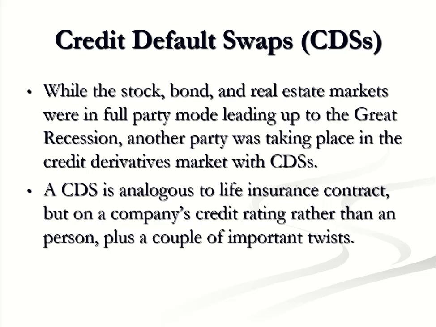Now, what's interesting about a credit default swap is you don't have to have any connection to the company on which you bought the credit default swap. So you can be company A and buy a credit default swap on company B. So you say, well, that doesn't sound too bad. But what if company A, after they buy the credit default swap, publicly badmouths company B to the point where the creditors to company B want to pull away from the company because they're getting scared and nervous that the company may collapse.